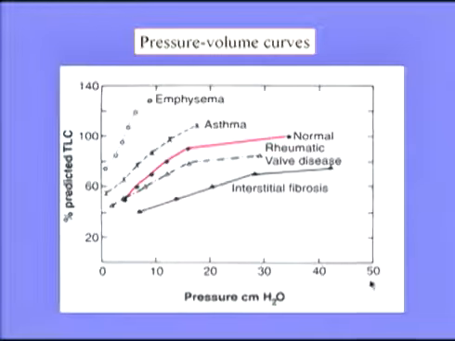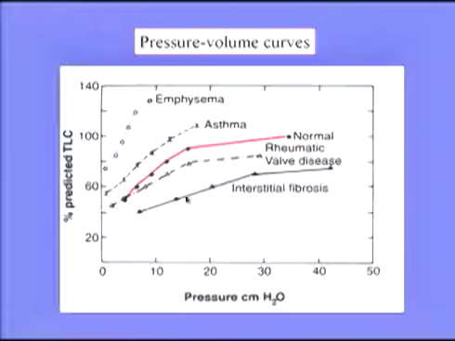Plotted against transpulmonary pressure, the difference between alveolar pressure and intrapleural pressure. And the normal curve is shown here as a nice red line. And here's interstitial fibrosis, and you can see that there's a gross reduction in lung volume at a given transpulmonary pressure. And furthermore, the slope of the line, that's the change in volume per unit change in pressure, or compliance, that's greatly reduced.